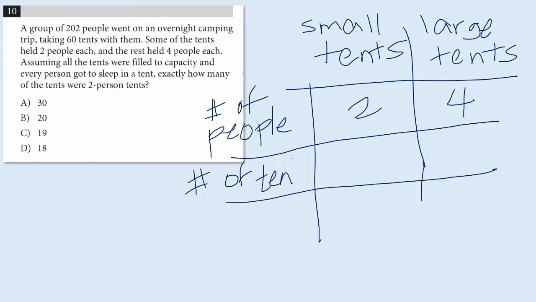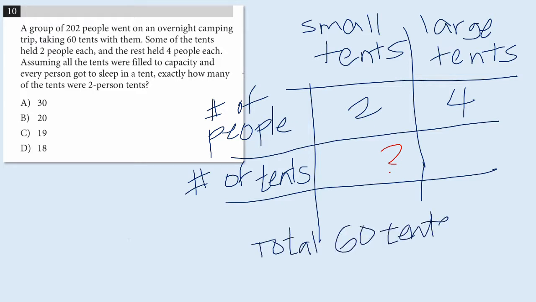And I have a certain number of tents of each size. Okay, the question is asking, how many tents are there? I know that I have a total of 60 tents, and I have a total of 202 people.